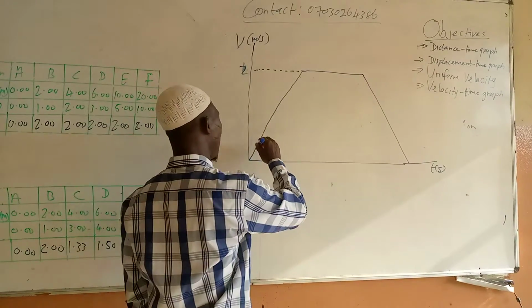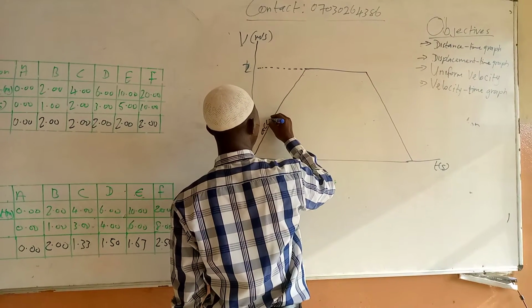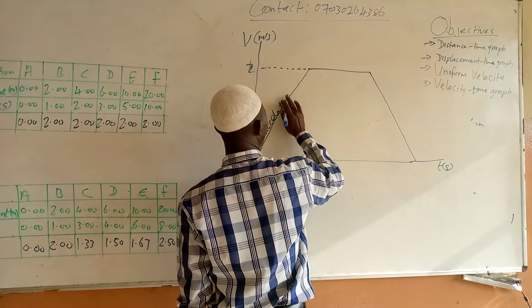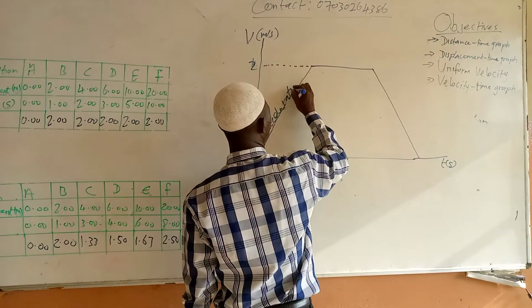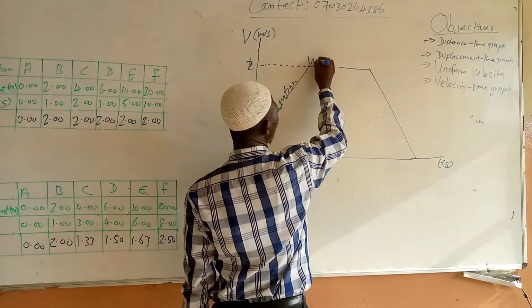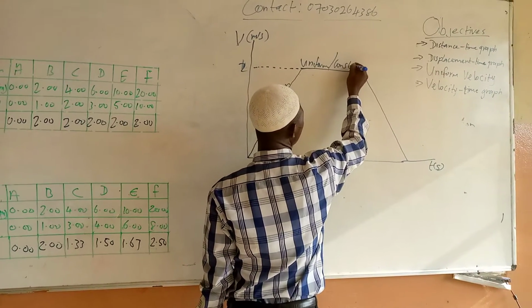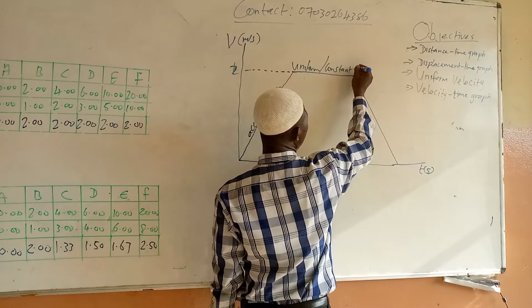So this one is called acceleration, while this one is called uniform or constant velocity.